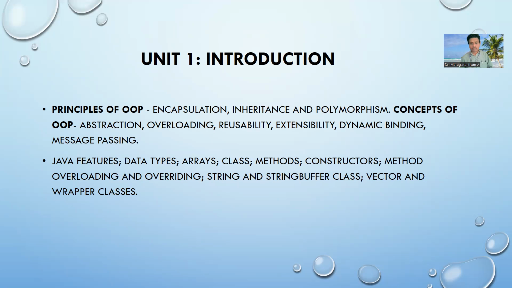We'll be having a discussion. And then what is a constructor, and even we'll be discussing constructor overloading. Those concepts we'll be discussing, and followed by method overloading as well as method overriding, something like early binding and late binding.